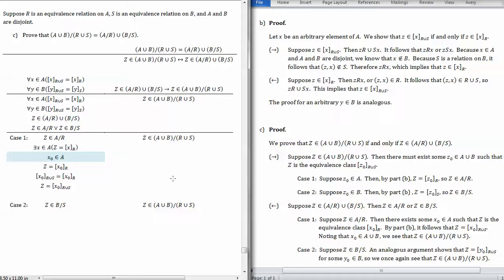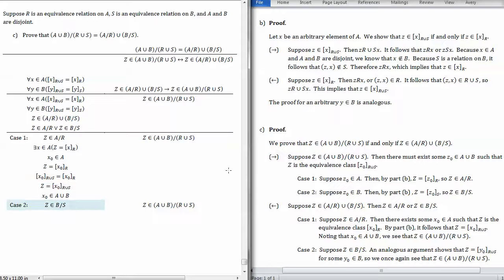Because we had to say that X naught is not only in A, it's in A union B too. And because Z is the equivalence class of X naught, we have that Z is in that set of equivalence classes.